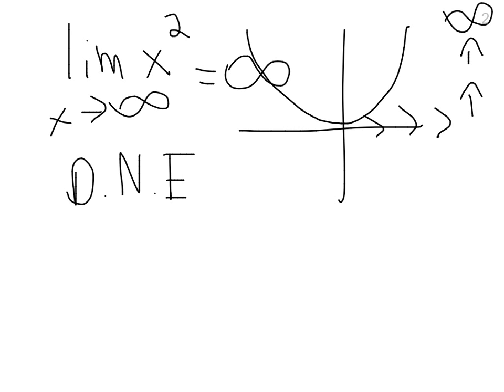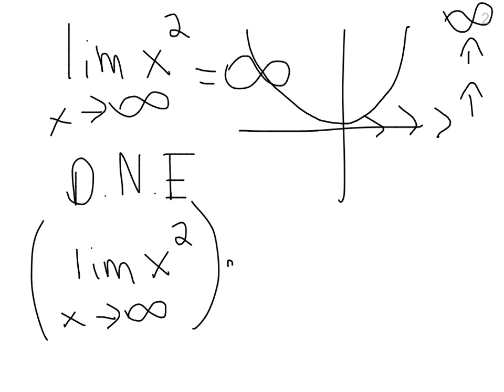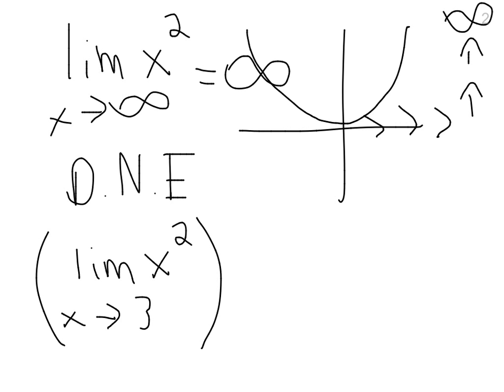The limit of a number is just a number. So let's say I said, what is the limit of x squared as x approaches 3, times 7? Well, the limit as x approaches 3 of x squared is just 9. 9 times 7 is 63.